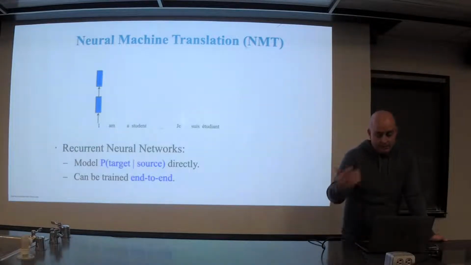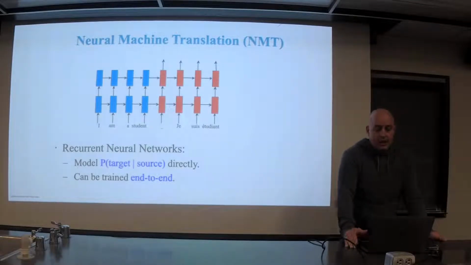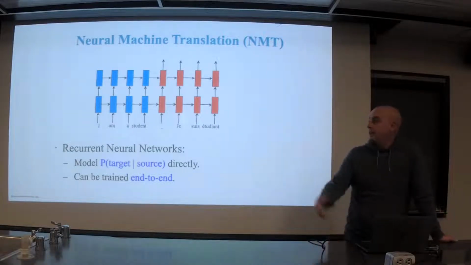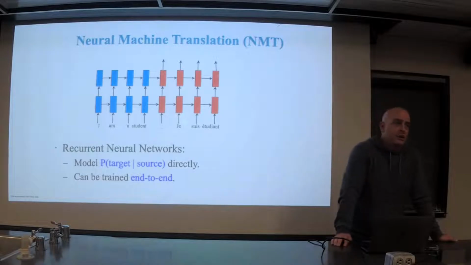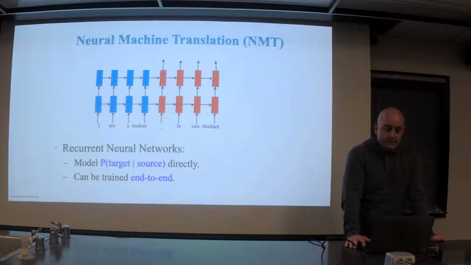Often, in particular for neural machine translation, the idea of what we're doing here is that we're going to have two RNNs. We're going to have the one in blue, which we'll call the encoder, and then we'll have the one in red that we'll think of as the decoder. One for one language, one for the other.